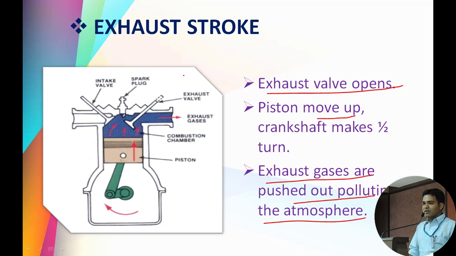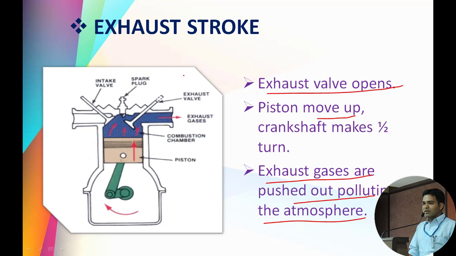Another important thing we should keep in mind is that during the whole power generation cycle, the piston travels 4 times, but simultaneously our crankshaft completes 2 whole revolutions. I am again repeating, during the whole power generation cycle in a 4-stroke engine, the piston travels 4 times between the TDC and BDC.